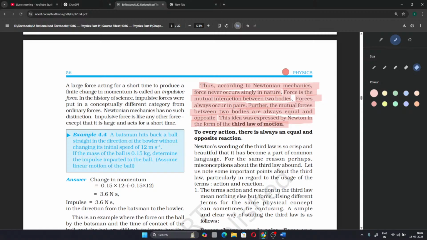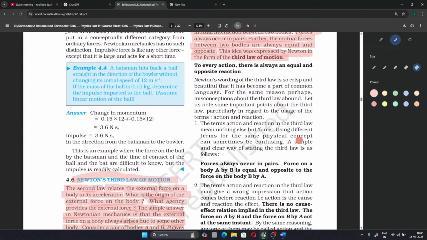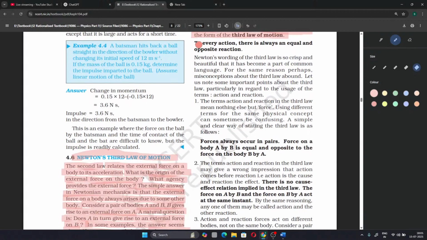Forces always occur in pairs, okay? And further, the mutual forces between two bodies are always equal and opposite. This is the idea expressed by Newton in the form of the third law of motion. This is the very famous statement of Newton's third law of motion.